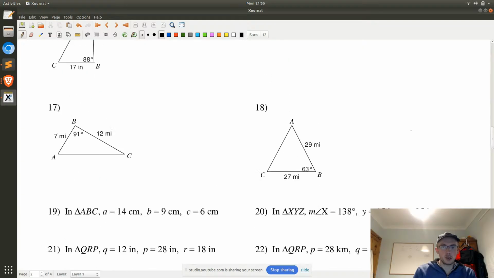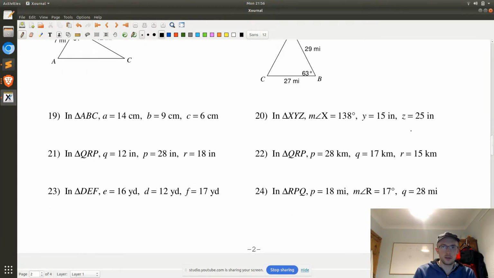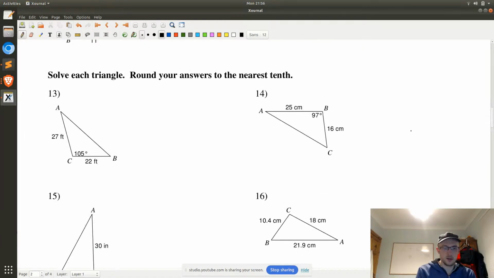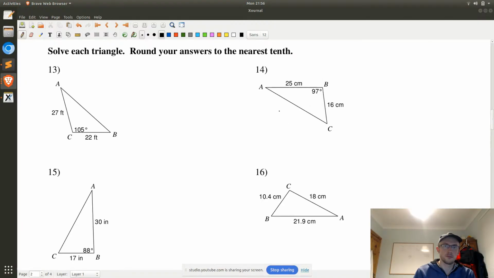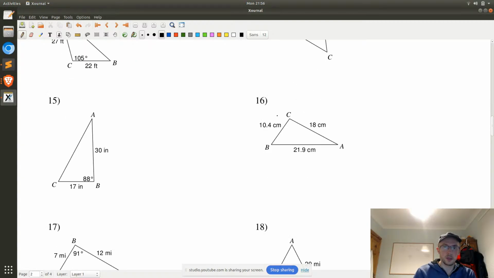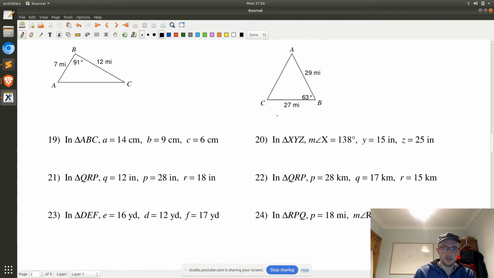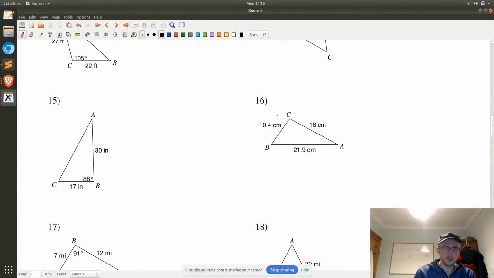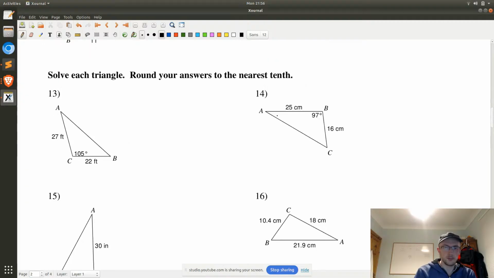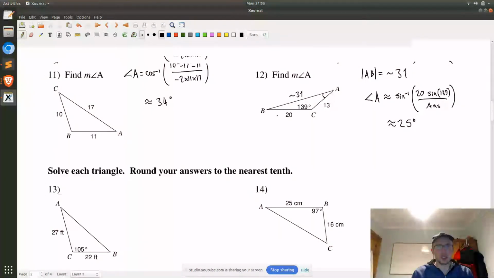Okay, now, this is crazy. Solve each triangle. Well, try for these. Okay, I'm going to check these so far.